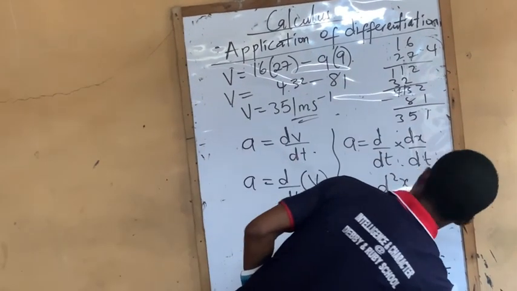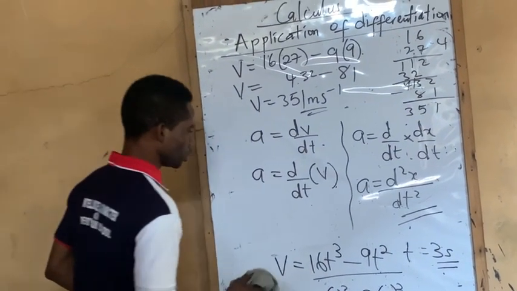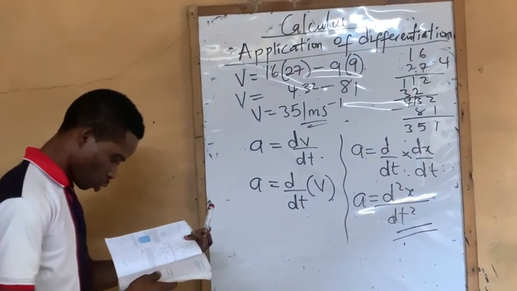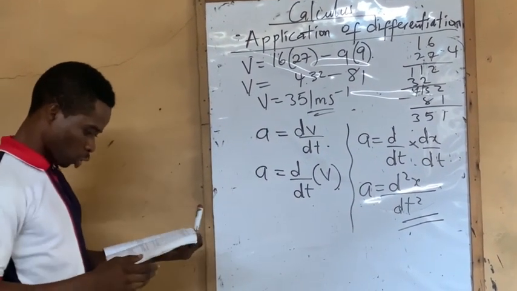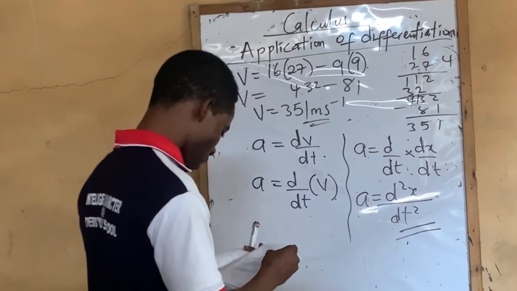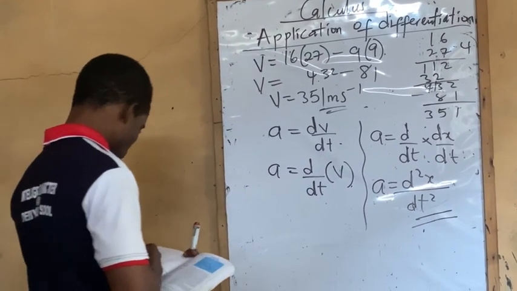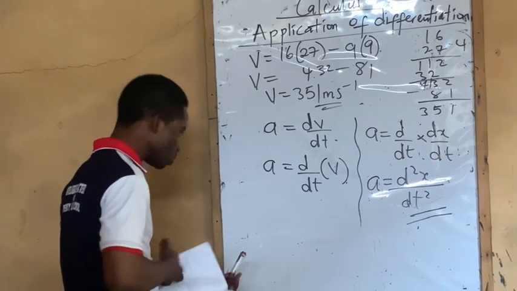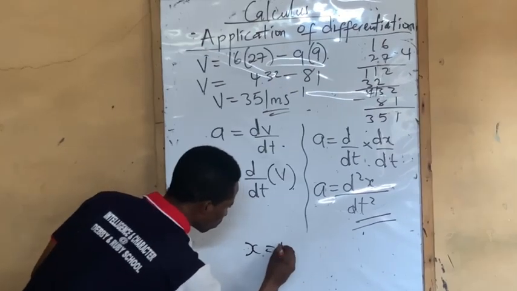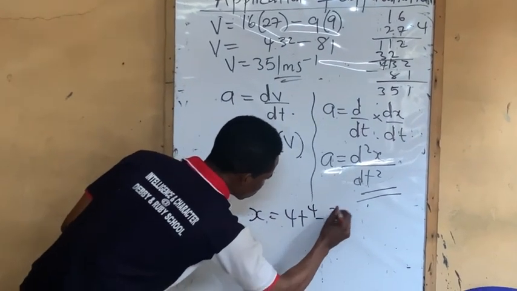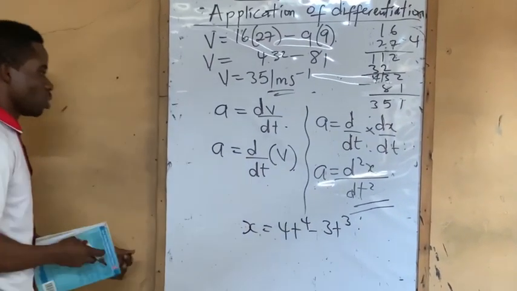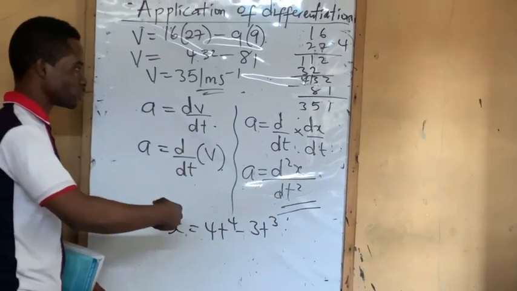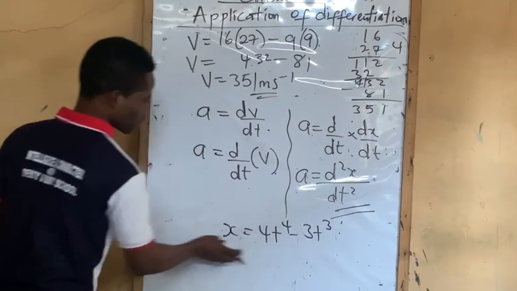Now, what equation are we given? We are given x equals 4t raised to power 4 minus 3t cubed. So if I want to find my acceleration, it will be the second derivative, because it's just a distance.